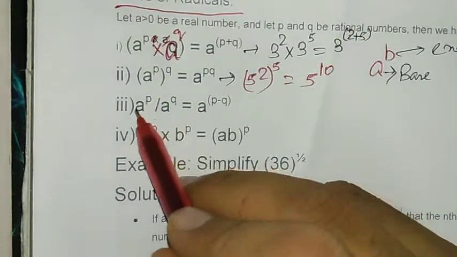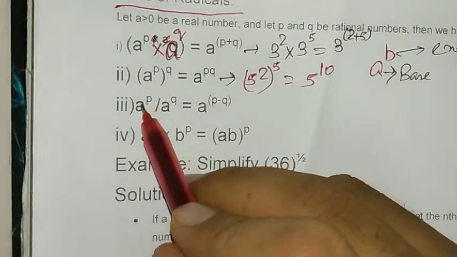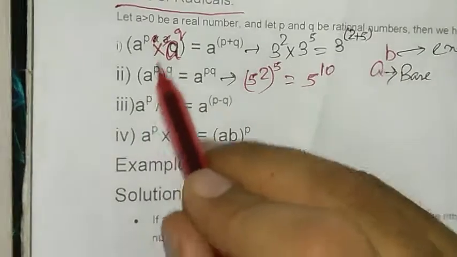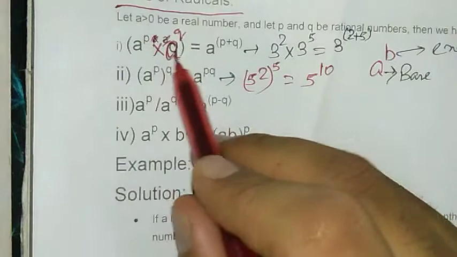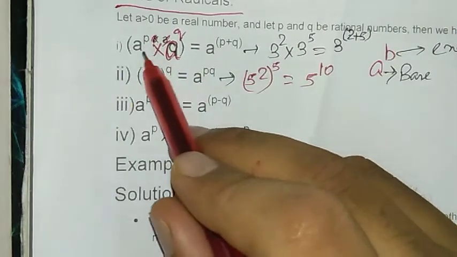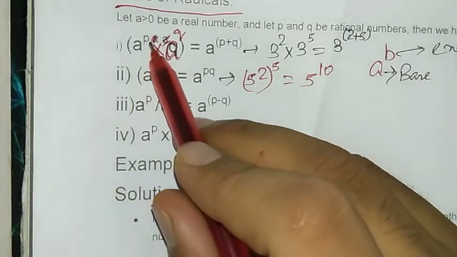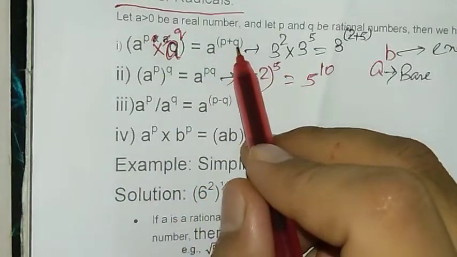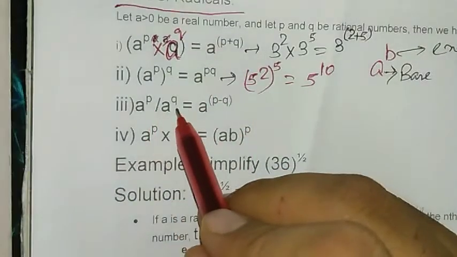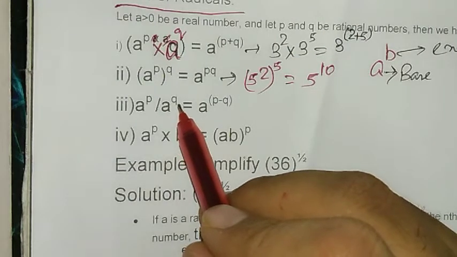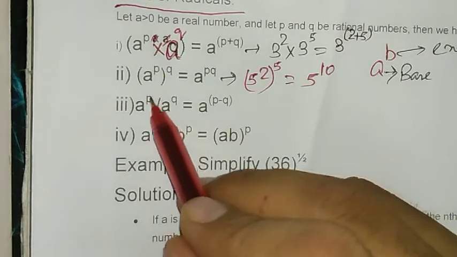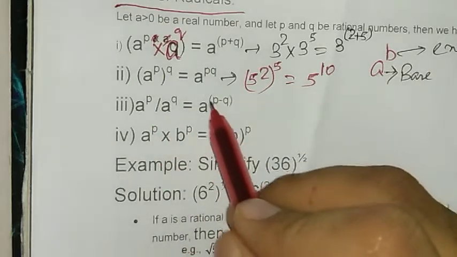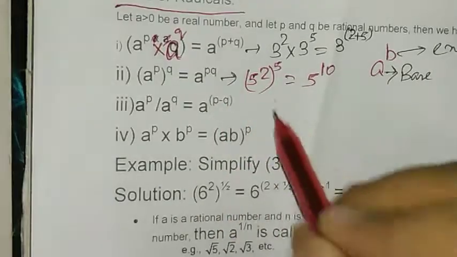Here two numbers are divided, same numbers but different powers, so the powers will be subtracted, nothing else.